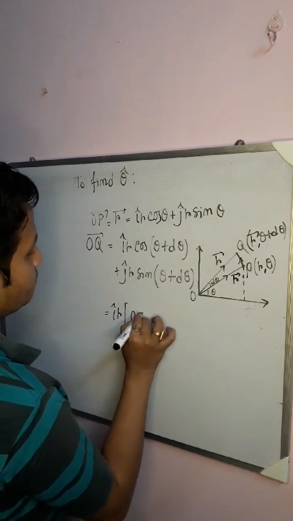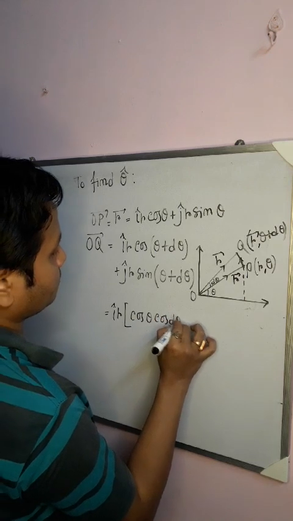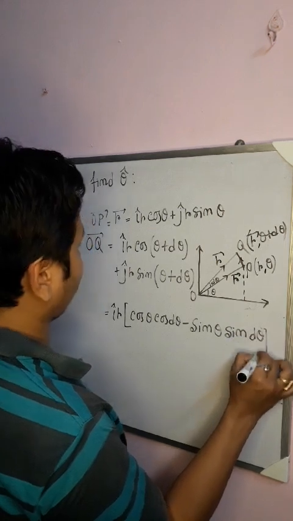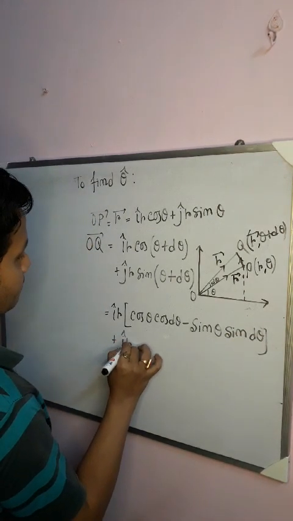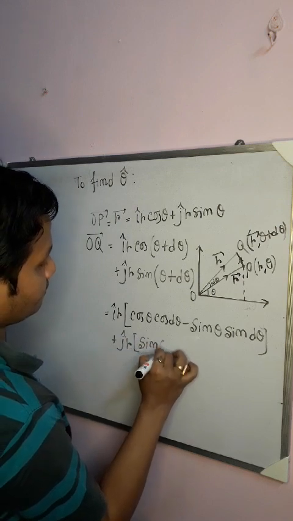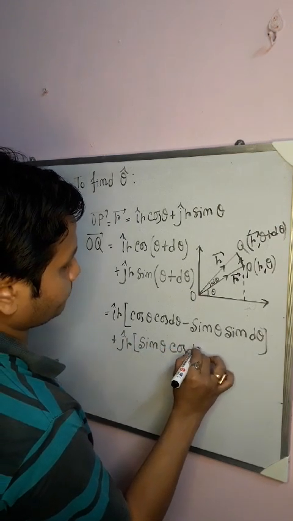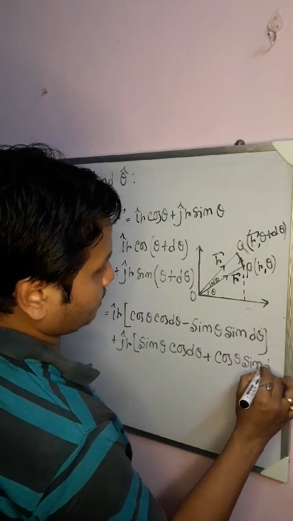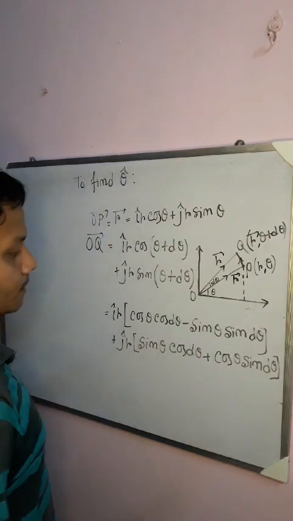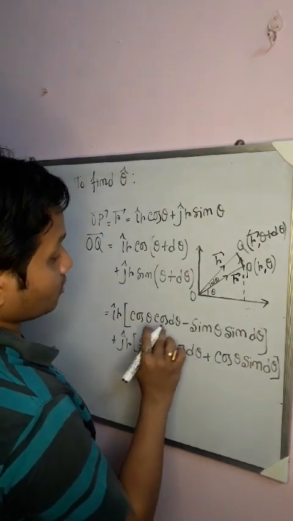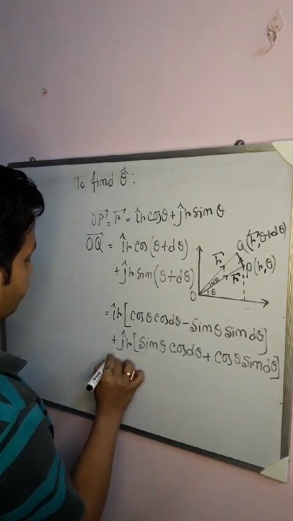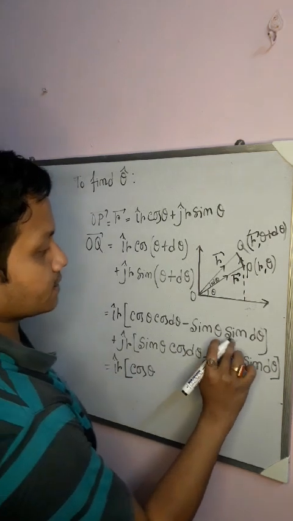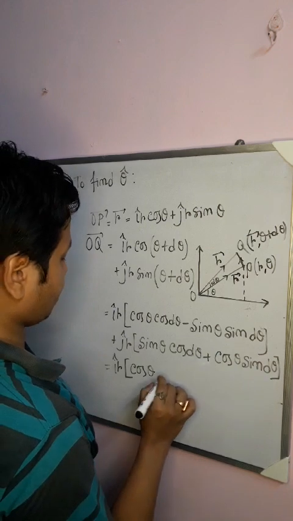Cos of A plus B means cos A cos B minus sin A sin B, and sin of A plus B means sin A cos B plus cos A sin B. Since d theta is small, we take cos d theta as 1 and sin d theta as simply d theta.